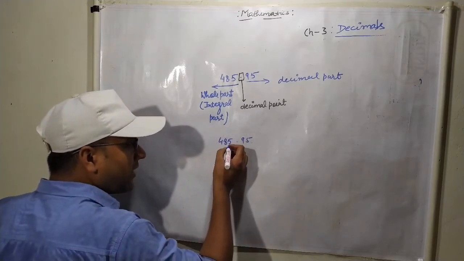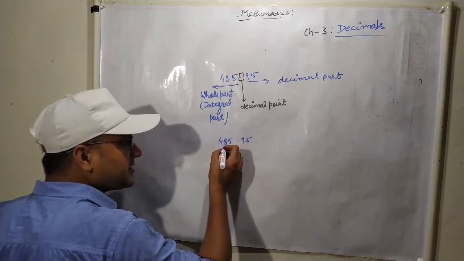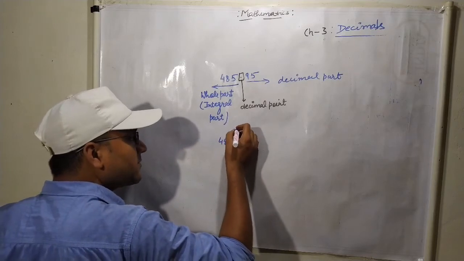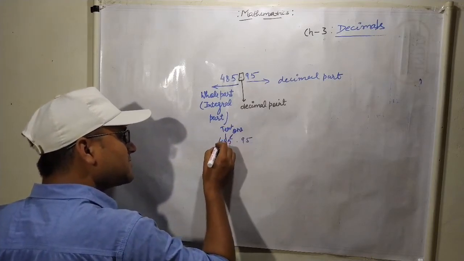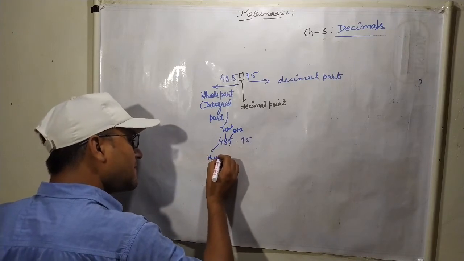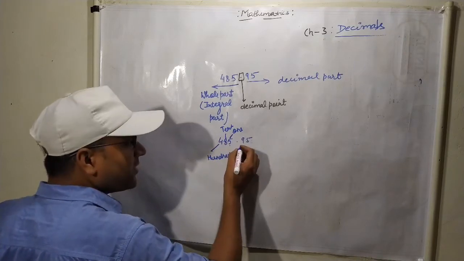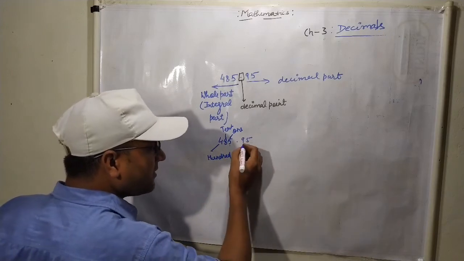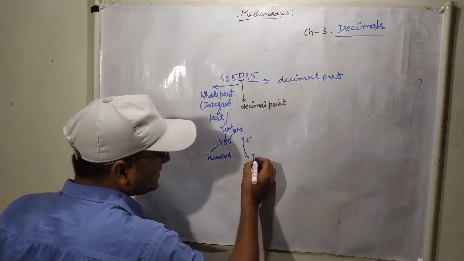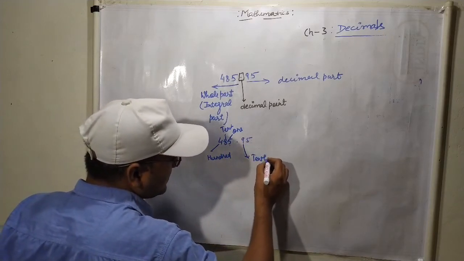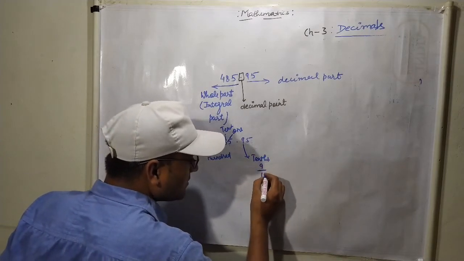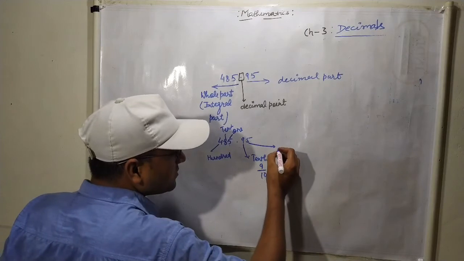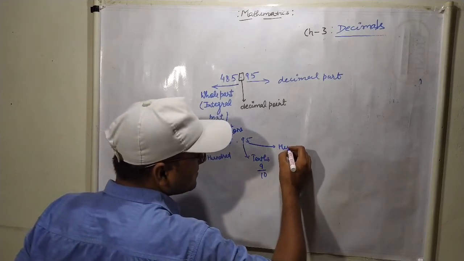So this is known as the ones, tens, hundreds. After this decimal, this place is known as the tenths place. Its value means 9 upon 10. What is the value of this one? This is known as the hundredths.